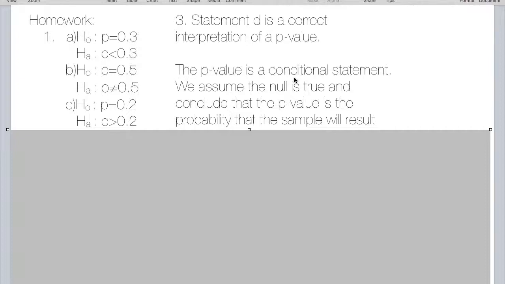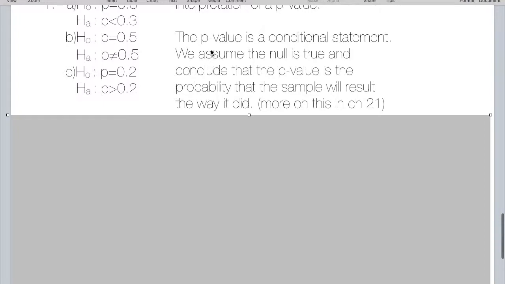With a p-value, whenever you're defining it, just like in the last chapter, where we defined the ways to interpret the confidence level, the confidence interval, there were certain things that had to be said, and they had to be in the proper light. You had to talk about them in a certain way. The p-value is a conditional statement that talks about the null hypothesis.